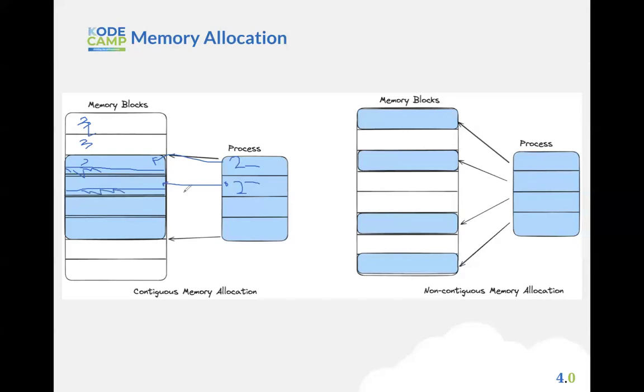And this is the fragmentation we're talking about, right? So you have available space, but this space cannot be used to run the processes. So say you fill up all this space, but the available locations are not contiguous, so they can't be used by these different processes.